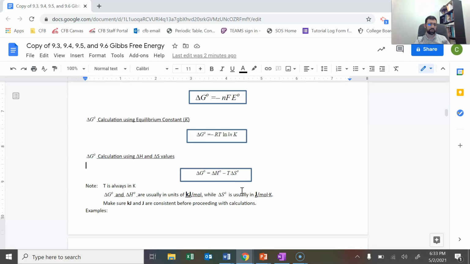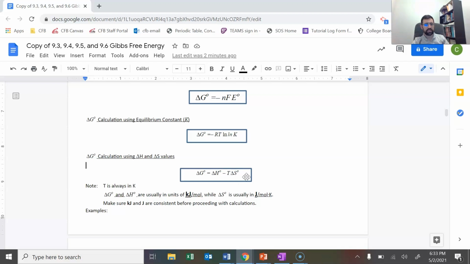We'll spend a little bit more time doing this later, but I want you to think about what is favorable, what makes delta G negative. Well, having a negative delta H helps to make delta G negative. So that's an exothermic process. If you have something that's exothermic, it helps to make delta G negative.